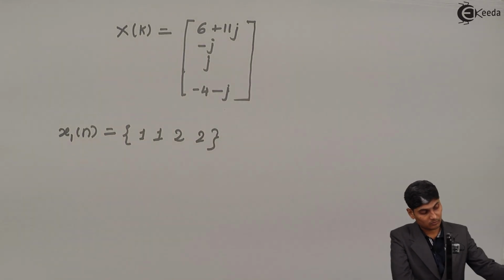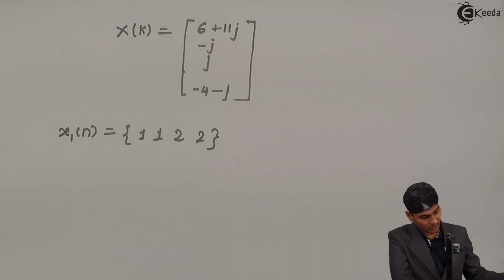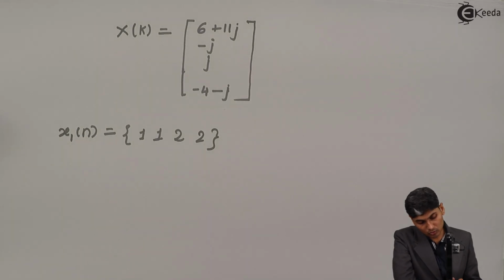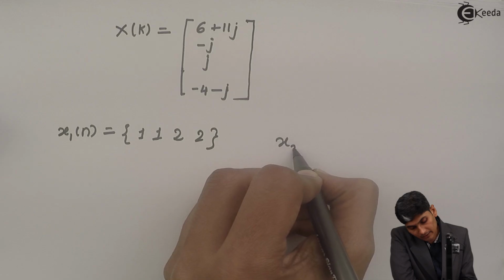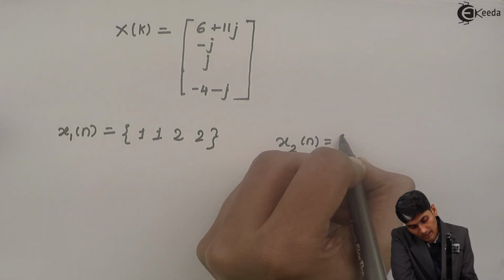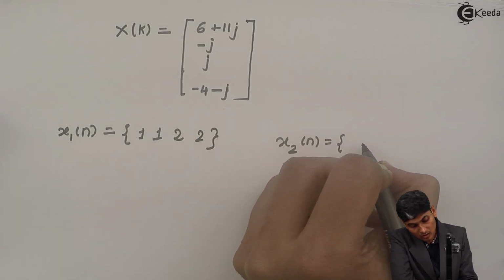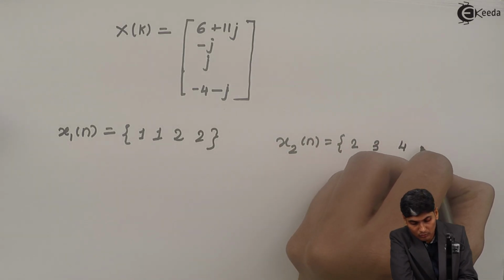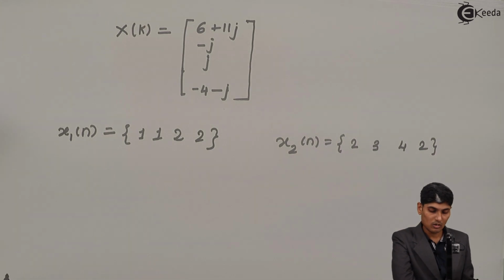The basic problem that we started with is x of n having the value 1, 1, 2, 2. And x2 of n we have the value 2, 3, 4, 2, and x1 of n is 1, 1, 2, 2.